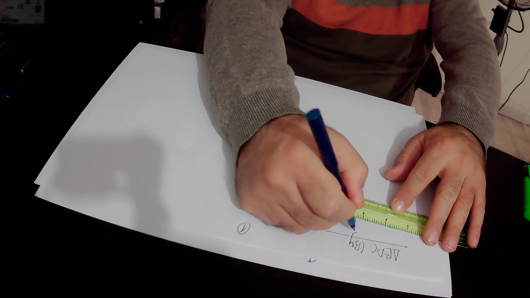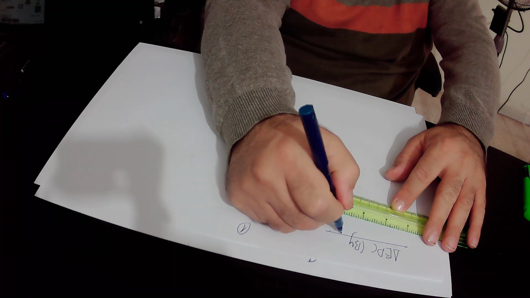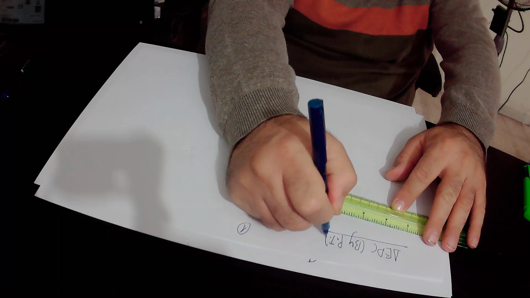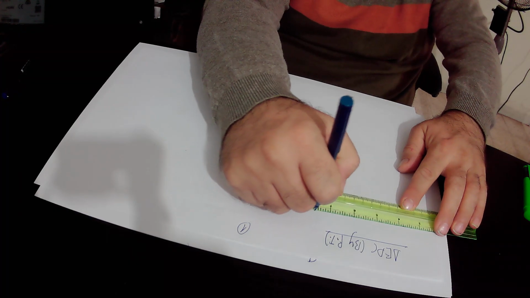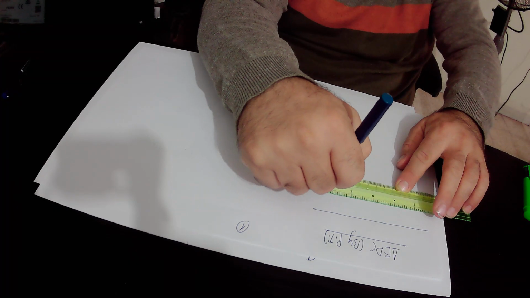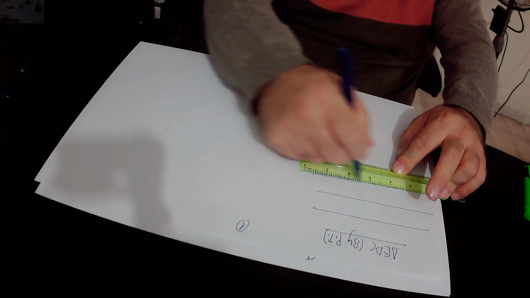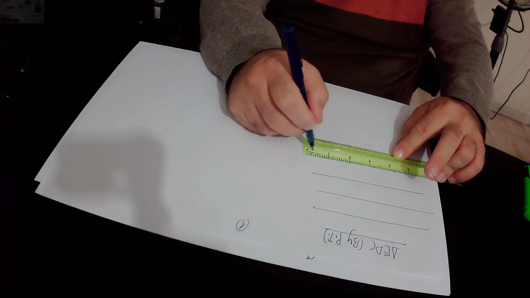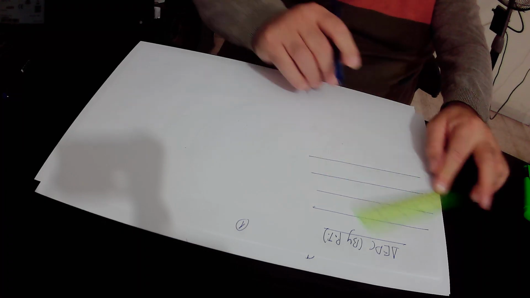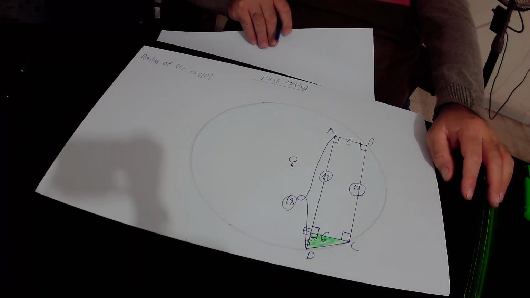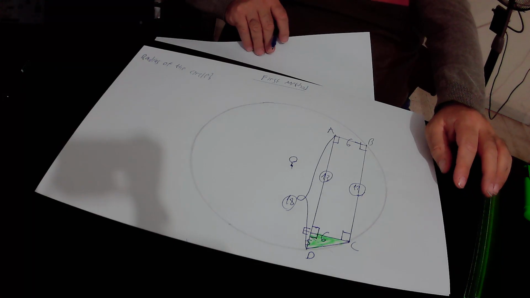Here, PT is an abbreviation for Pythagoras theorem. According to the Pythagoras theorem, in any right triangle, the square of the hypotenuse equals the sum of the squares of the perpendiculars.